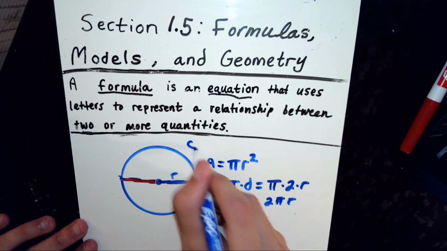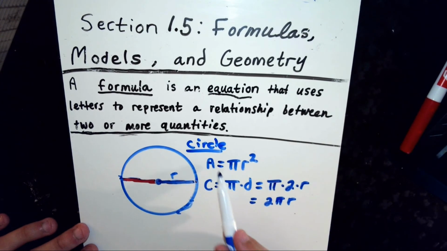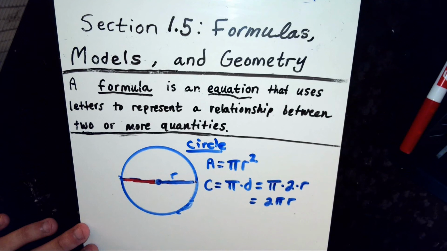So this is all for a circle. So these are some formulas for a circle. We have an equation, we have the equal sign, and it's representing a relationship between two quantities. This formula relates the area to the radius, and this formula relates the circumference to the diameter, or the radius, right? So those are two nice important formulas we'll use throughout the course, probably at some point or another.